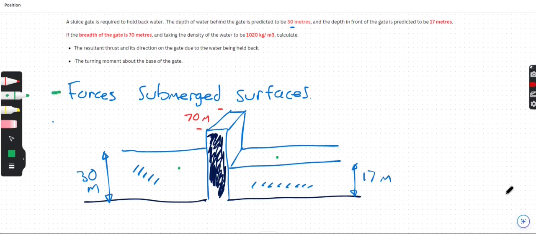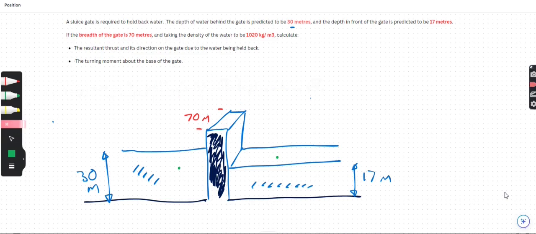Okay, so it's forces on submerged surfaces. I might just rub this off, I'll just get a bit of space going here. We know as well the density of the water on both sides. The symbol for density, we've got 1020 kilograms per cubic meter.